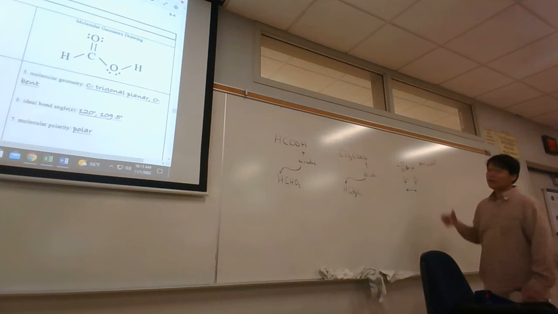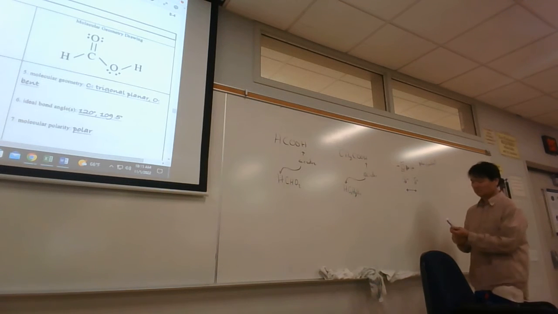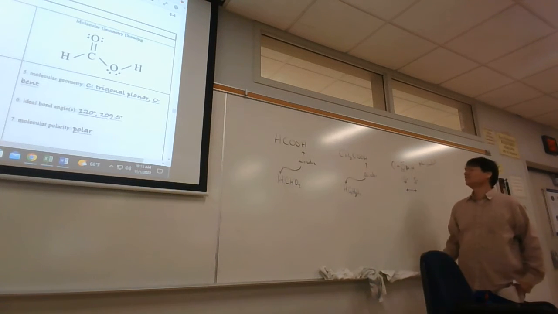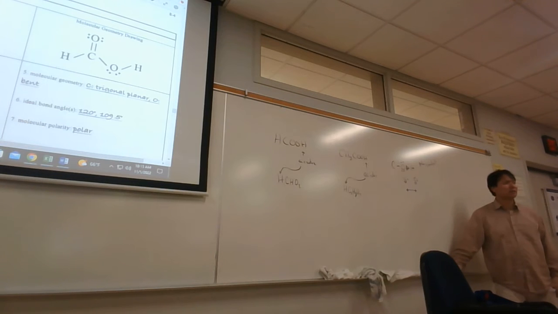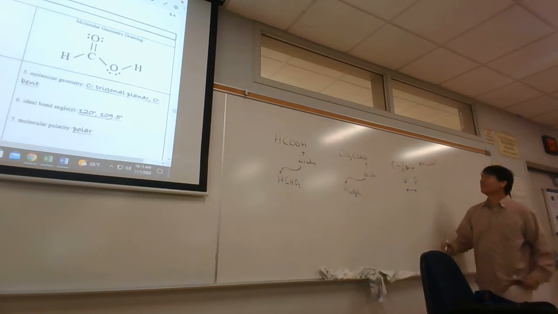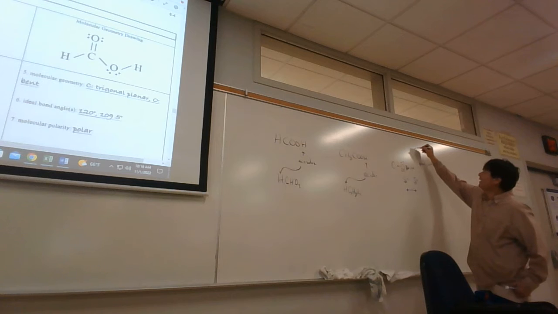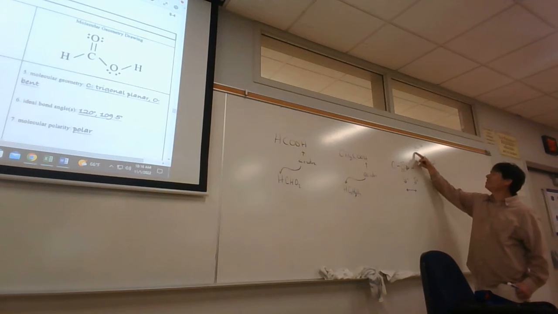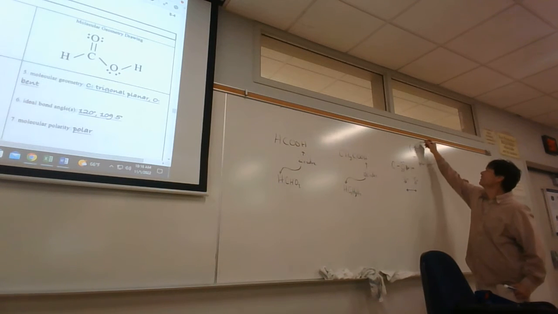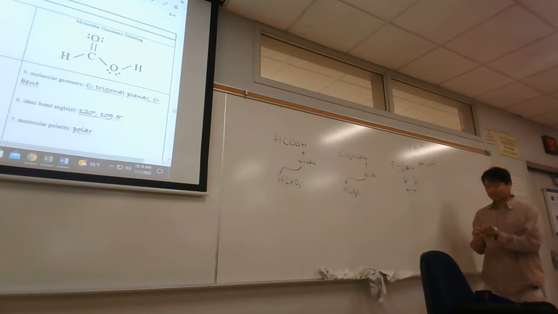So give me a strong base. What would be a strong base? Hydroxide. And so hydroxide, this will be the Lewis structure for hydroxide. The Lewis structure for hydroxide has what we call 3 lone pairs here. And this is going to have a negative charge.